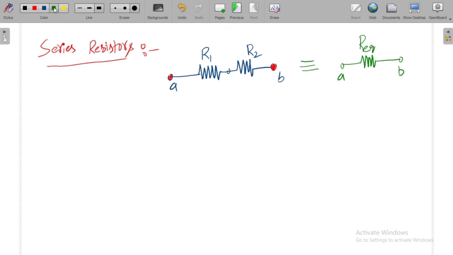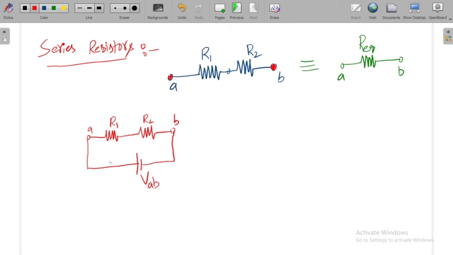Now understand why we are calling this an equivalent resistor. Consider this: this is one resistor R1 and this is another resistor R2. I am connecting these two in series in between the terminals A and B. Across the same terminals, I am connecting a voltage source.